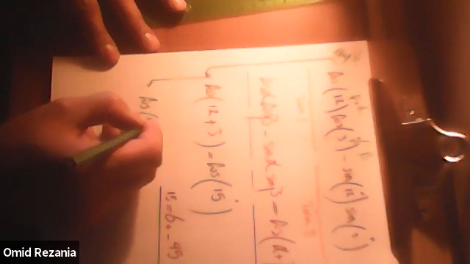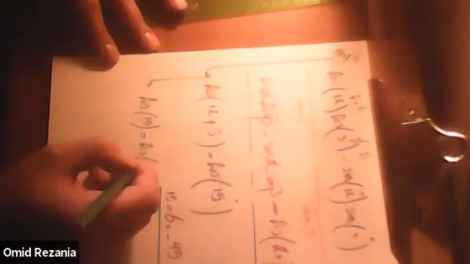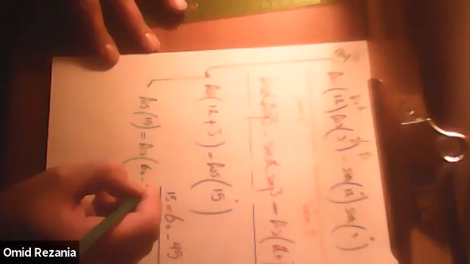Then, in order to continue further, I can write cosine of 15 equals the cosine of 60 minus 45, correct?